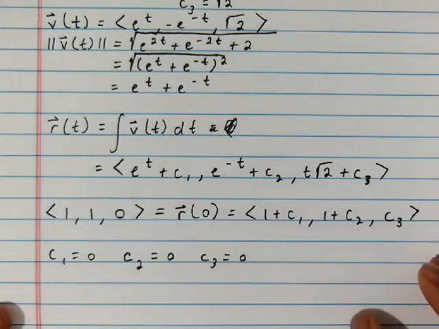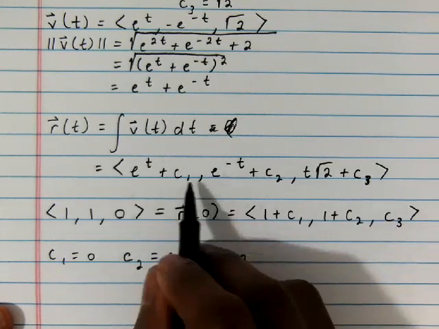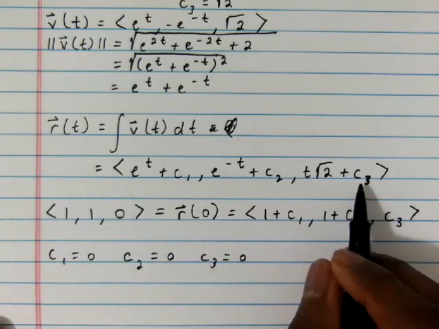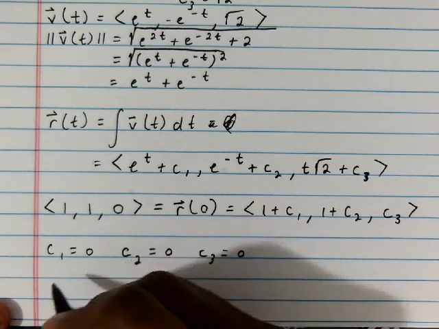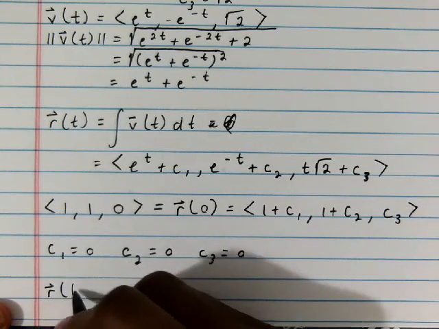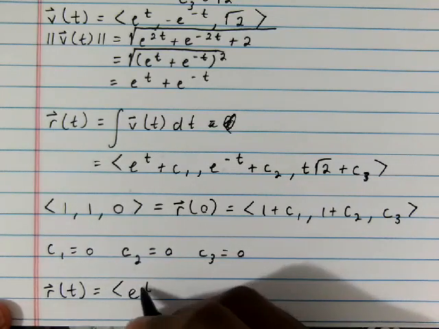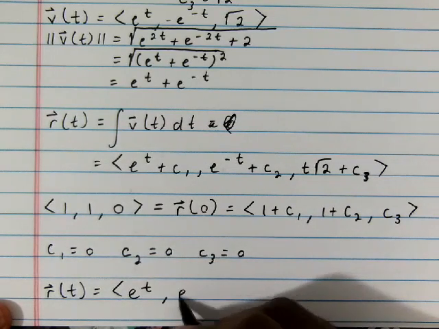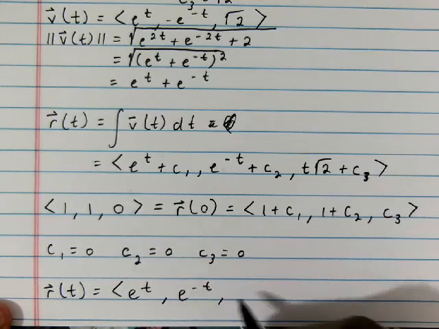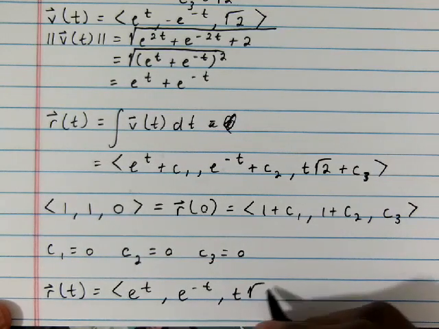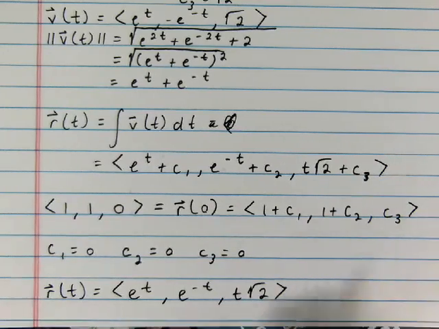So we plug these in for those c values right there, and we get r of t just equals e to the t, comma, e to the negative t, comma, t times square root of 2.